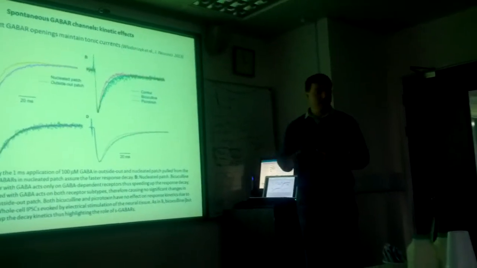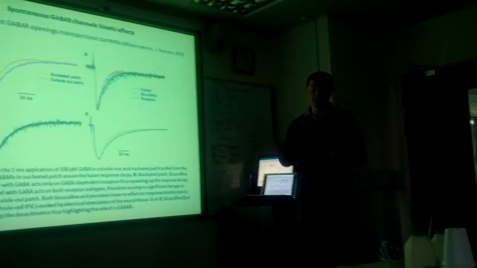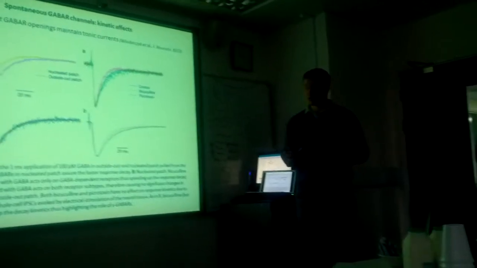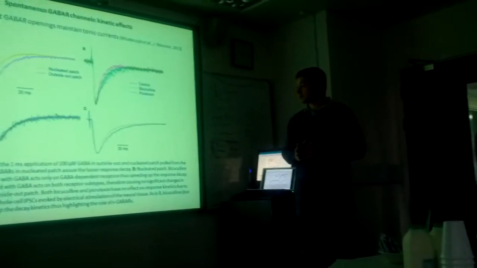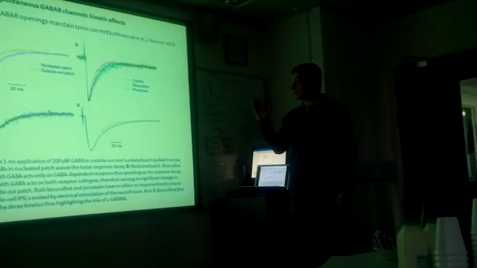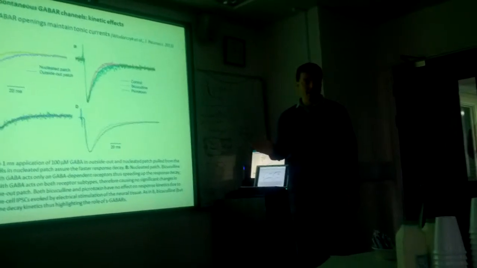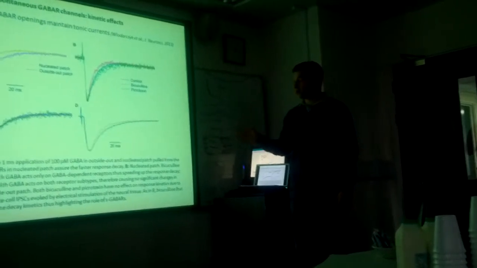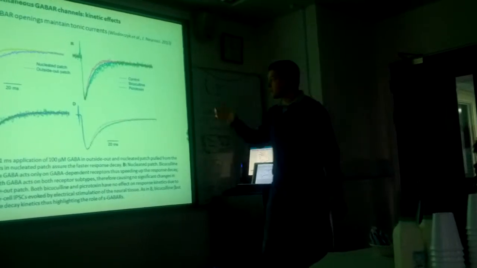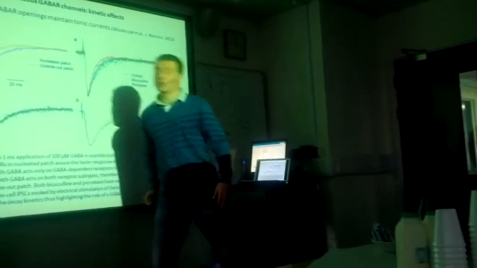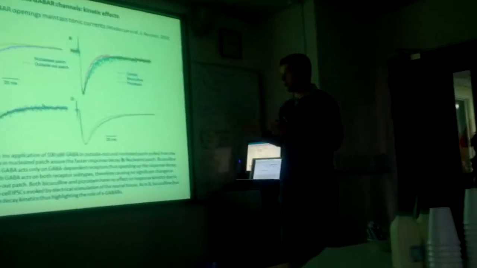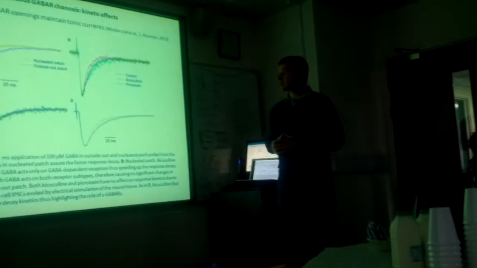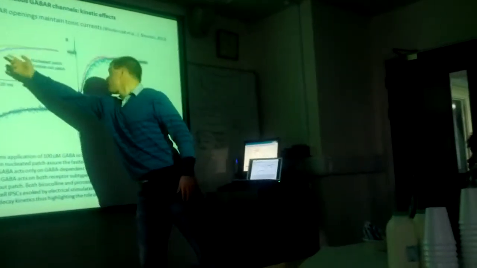In those cells, I detected the same two subtypes of receptors, and I found that these GABA-independent receptors speed up the overall cell response to any signal. So this is exactly what we can see here. These lines involve the response of spontaneously opening GABA receptors, whereas these green lines do not involve it.